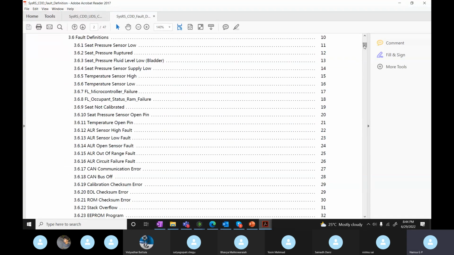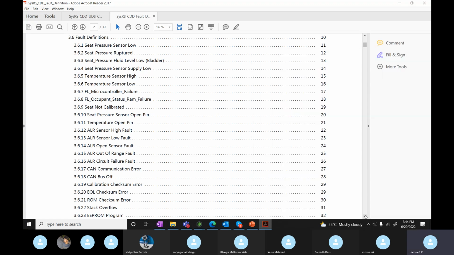As you can see here: seat presence low fault, seat presence is ruptured, fluid level, presence of supply low, temperature sensor high, low, microcontroller fault, RAM failure, seat not calibrated, temperature open, ALR sensor faults, CAN bus fault, CAN communication error fault, calibration checksum fault, EOL checksum fault, ROM checksum fault, stack overflow, EEPROM program.